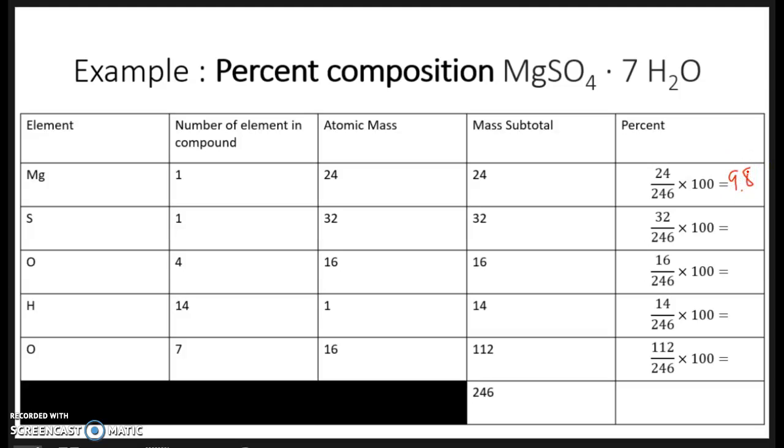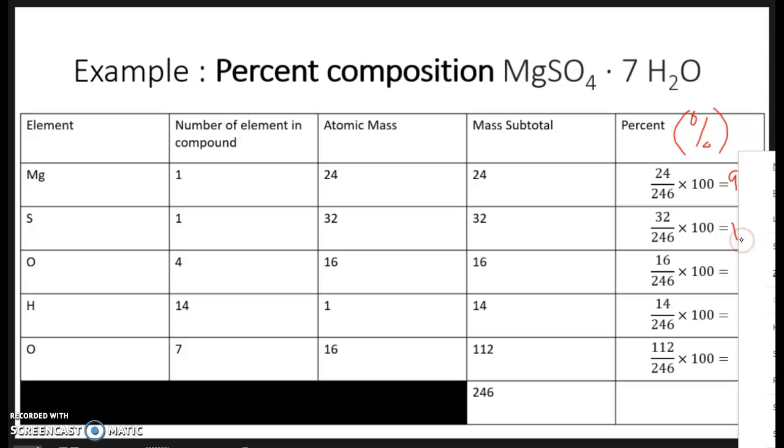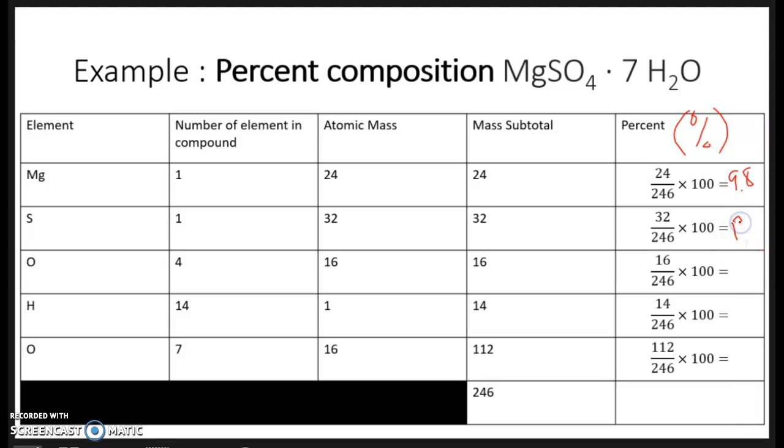And that's percent. All of these have the symbol percent afterwards. I'm not going to put that because I won't have a lot of space. But the percent of sulfur there is around, call this 13. It's not going to be exactly perfect. Just trying to be mindful of space. Let's see, we've got about 26% here for the oxygen.